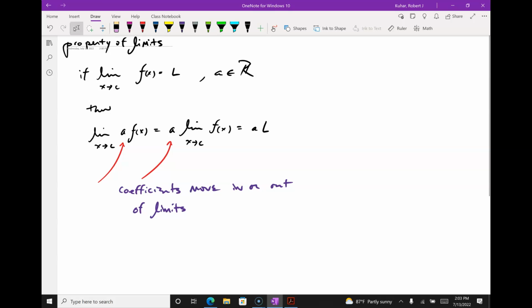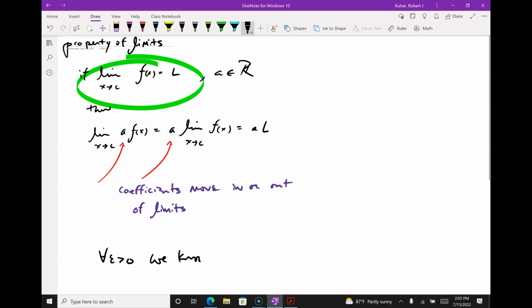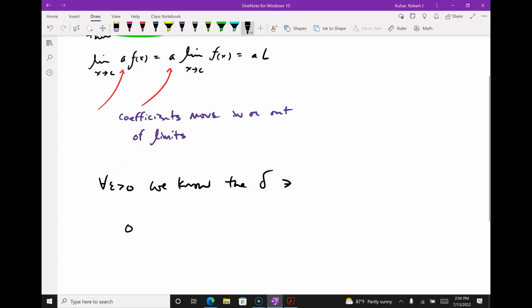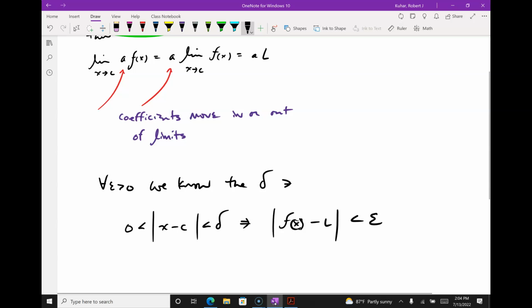I'm going to do a little epsilon delta stuff here. Don't write it. What's this first thing tell me? It tells me that for every epsilon greater than 0, I know a delta such that 0 is less than the absolute value of x minus c is less than delta implies the absolute value of f of x minus L is less than epsilon.